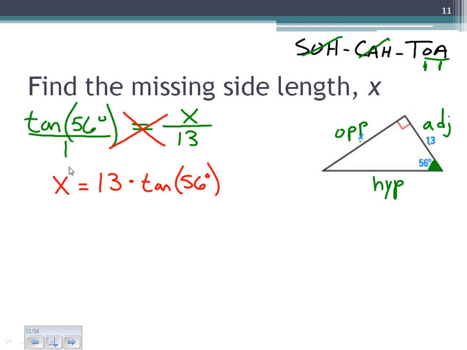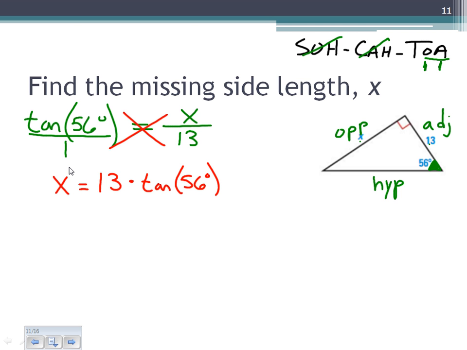Do we need to simplify that anymore? What are we trying to find here? Is x by itself? So are we good? I think we're good here. Where do we need to go now? What do we need to use at this point? The calculators.